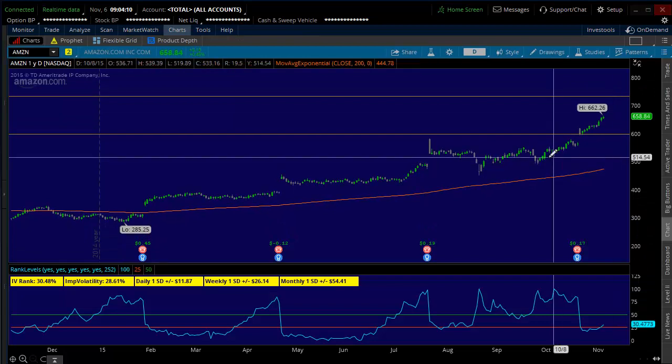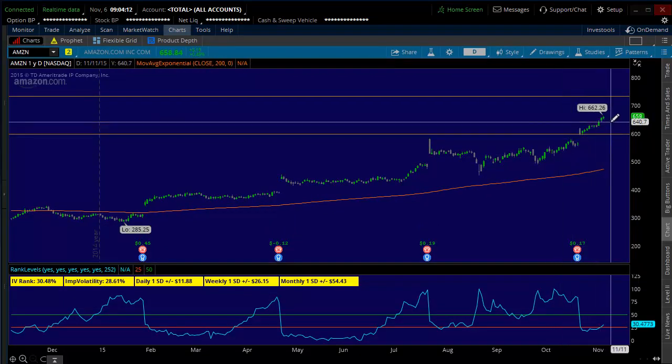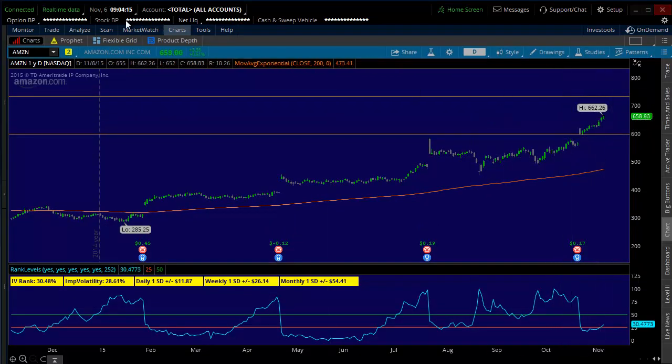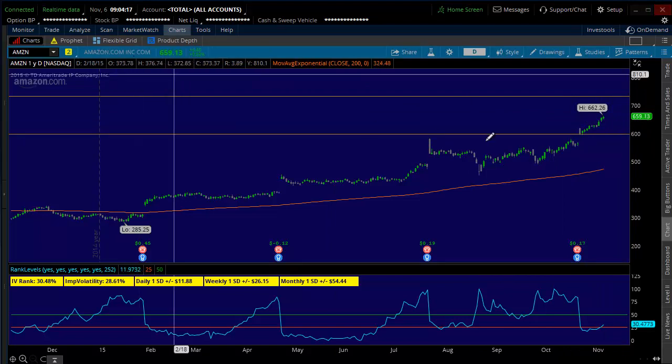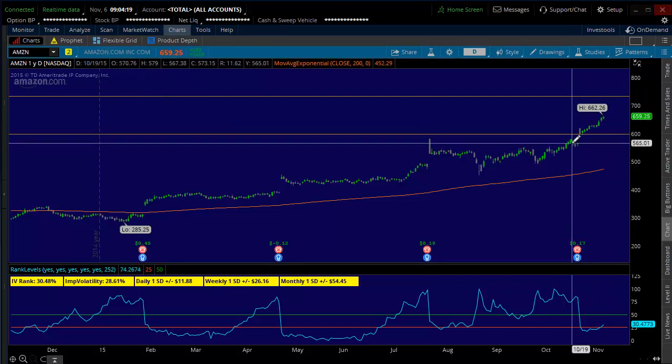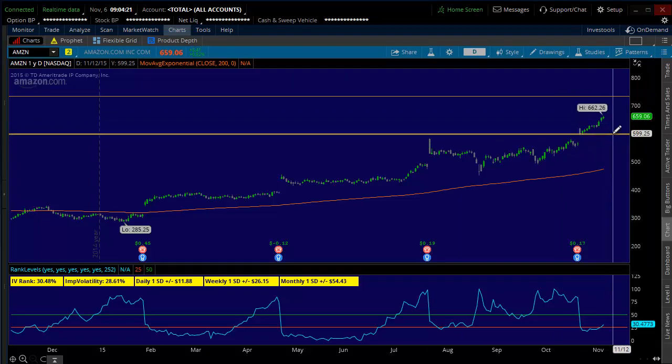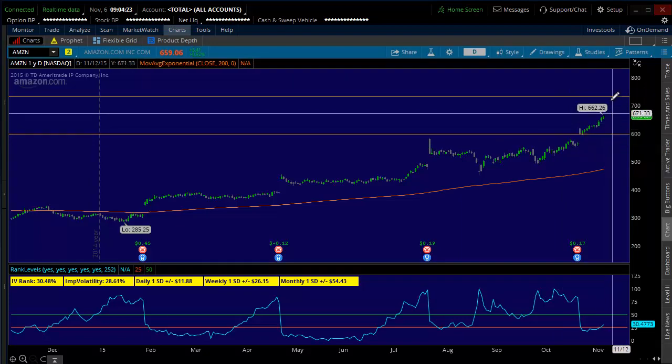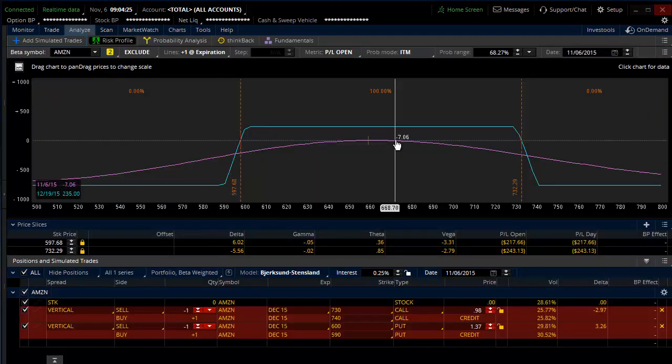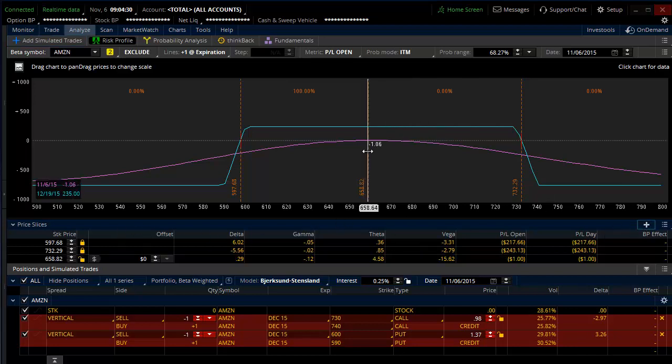That will tell us, if it stays within that range between now and December 19th, we keep 100% of that profit, or that credit. If it comes down and it challenges or tests one side or the other, well, that's when we make an adjustment and we begin rolling the trade around, either up or down, doesn't matter.